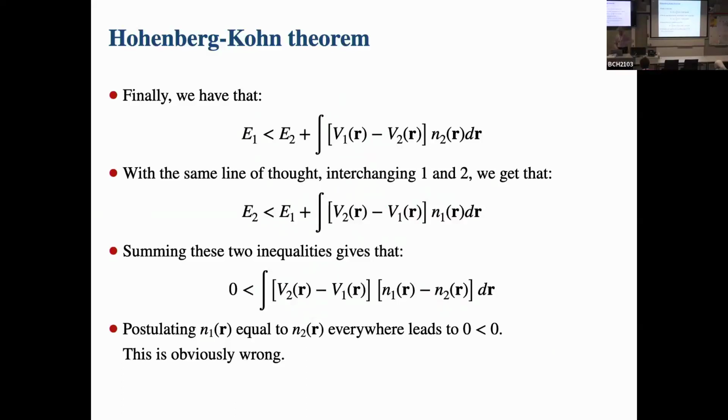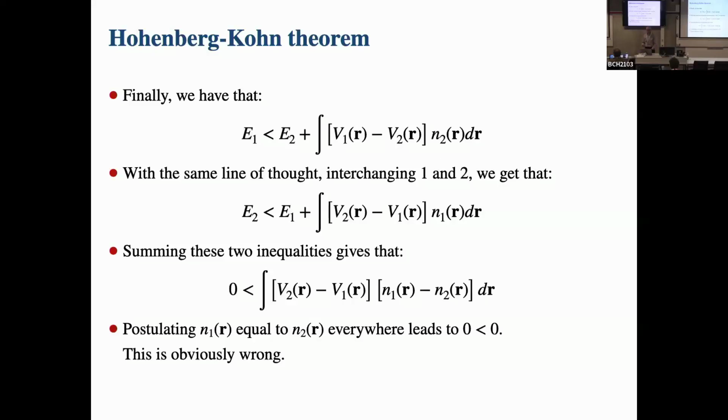And so if we have that the density N1 is equal to N2, in that case, we would have 0 smaller than 0, and that obviously doesn't hold. Okay? So that means that if we have two different potentials, they need to have two different densities.